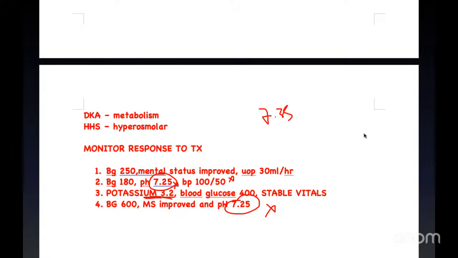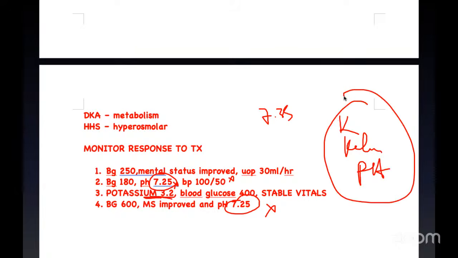These are the key. Potassium never moves. Ketones never move. Your pH never moves. Three things you can use to distinguish between DKA and HHS. Potassium is not going to change. Therefore, this is eliminated.